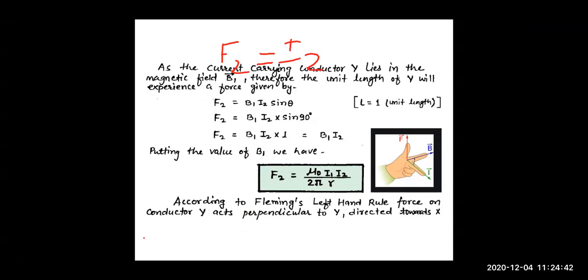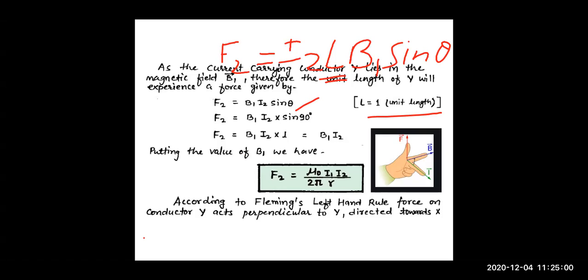I2. L. B, magnetic field कितनी है वहां पे? B1 sine theta. Now here, L, the length, we are considering as 1. So the formula will become F2 equals B1 I2 sine theta. Right, children?